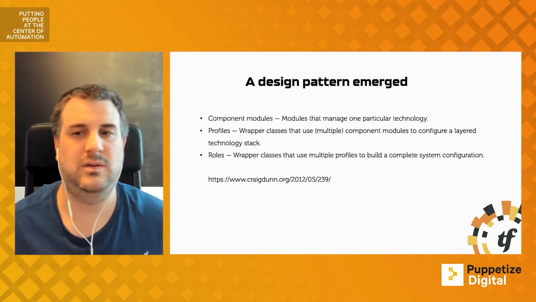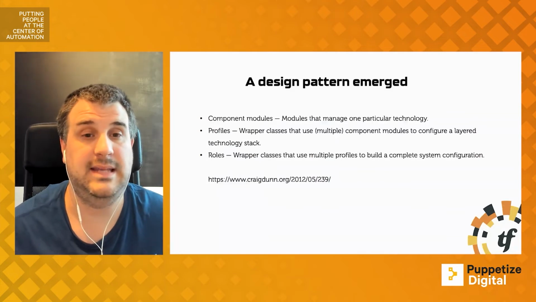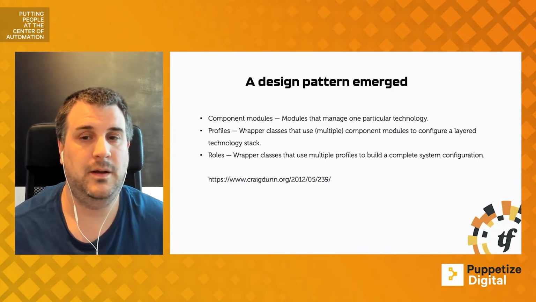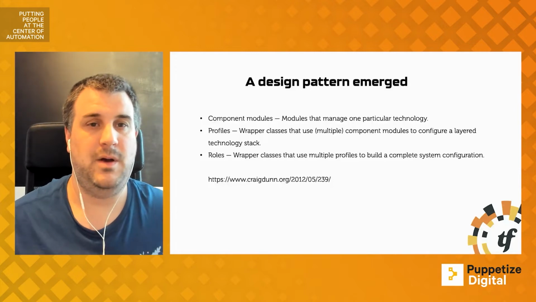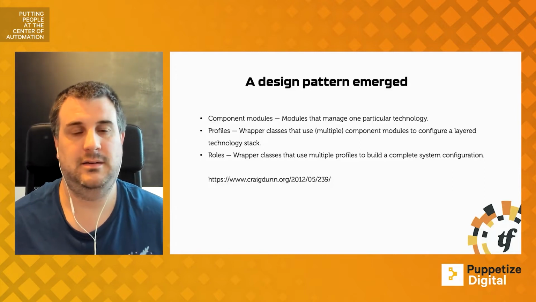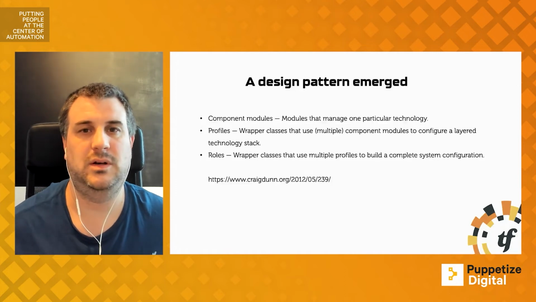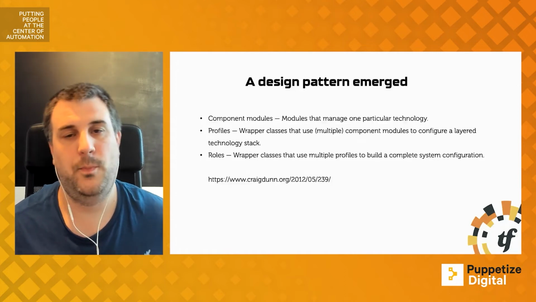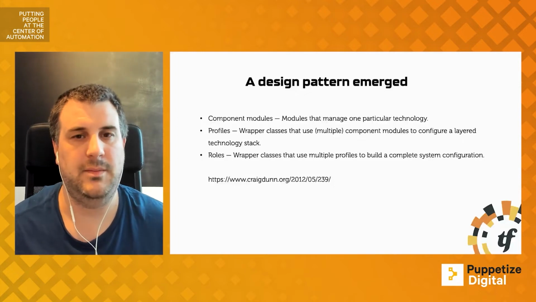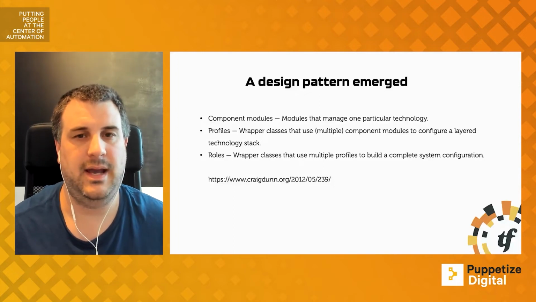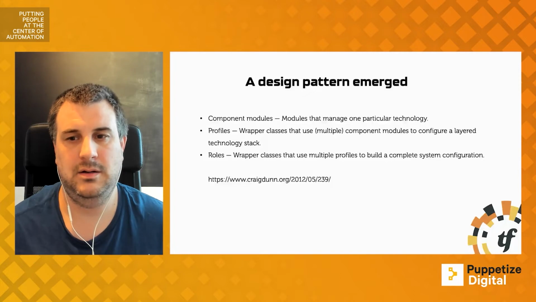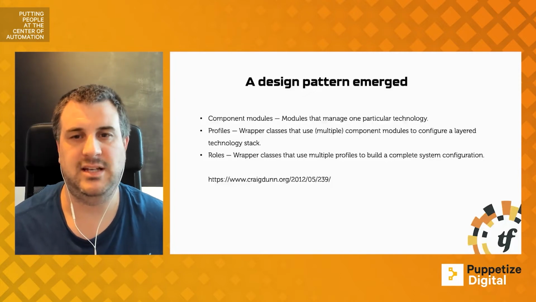And then in around 2012, so that's nearly a decade ago, a person called Craig Dunn came up with a design pattern that, to me, sounded a lot like the model view controller that proper, air quotes, programming languages had developed, and that splits our code into manageable chunks.